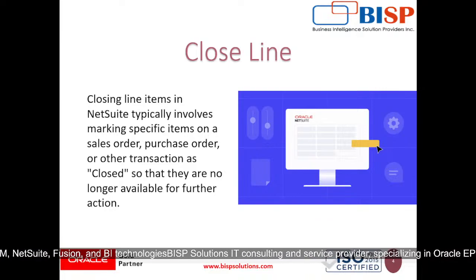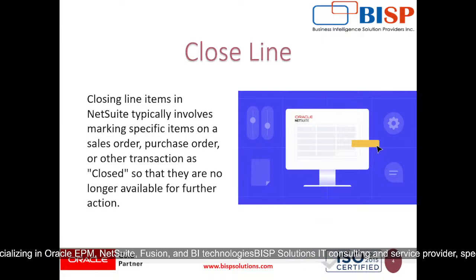Why do we consider close line items? Because closing line items is essential for accurate inventory and financial management. It helps in preventing further actions on items that are already fulfilled, cancelled, or no longer needed. This ensures that the records reflect the current status of the transaction.